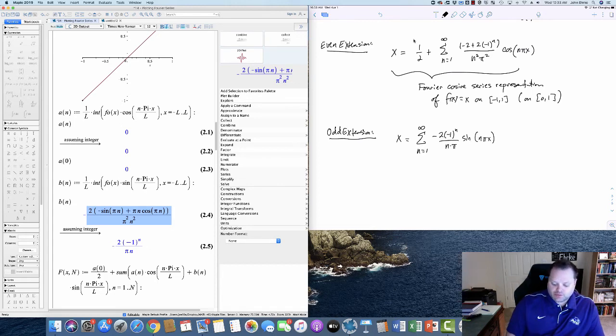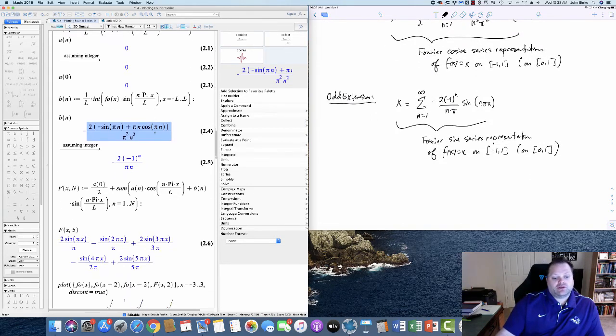Because the cosine terms disappeared, this is what's called the Fourier sine series representation of the function x on the interval from -1 to 1, but technically I just care about it on the interval from 0 to 1 here.